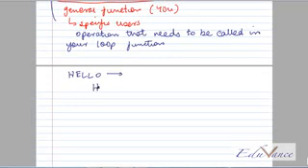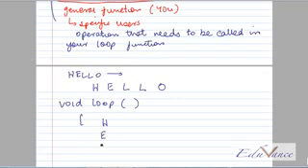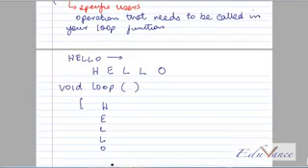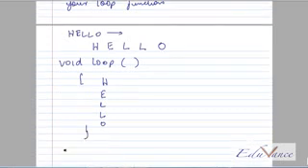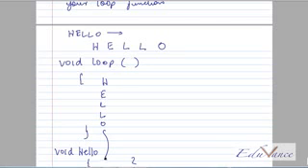First I would have to do H, then E, then L, then L, then O. I could do that in my void loop, but that would make my program very long. Rather, I would make a function called hello and do the display part there rather than here, and just call the function here, calling it void hello.